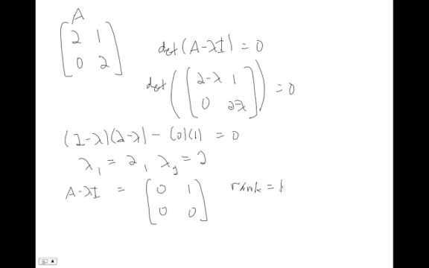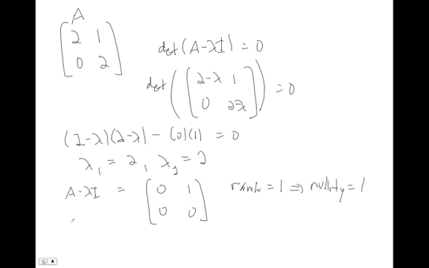This matrix is rank 1. And if there's 2 columns and it's rank 1, then our nullity is equal to 1. So now we still have an eigenvalue of 2 with multiplicity 2, but our dimension of our null space of this matrix is only 1. So there's only going to be one eigenvector associated with this eigenvalue, even though the eigenvalue appears twice.